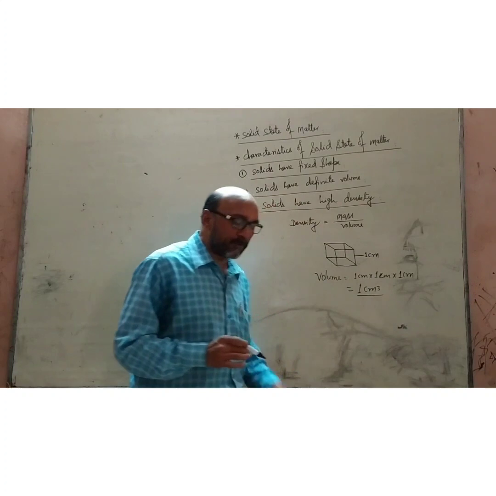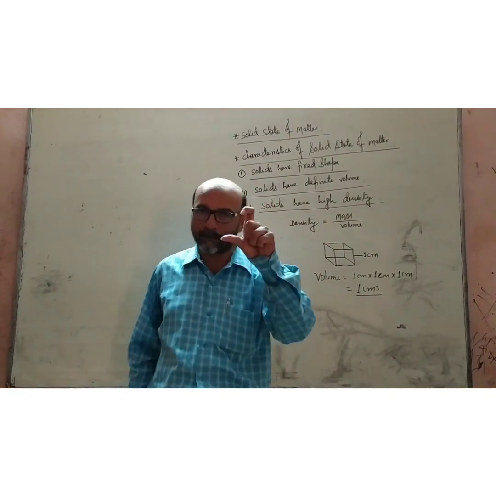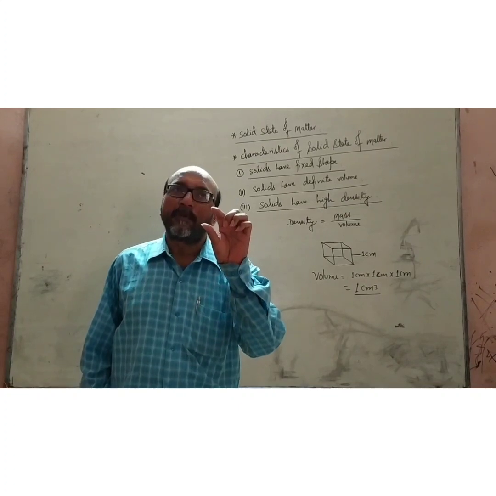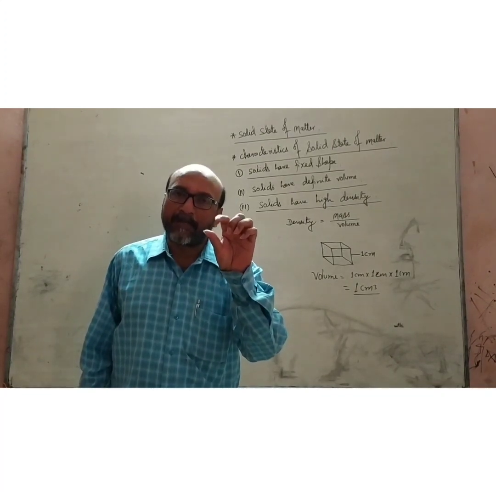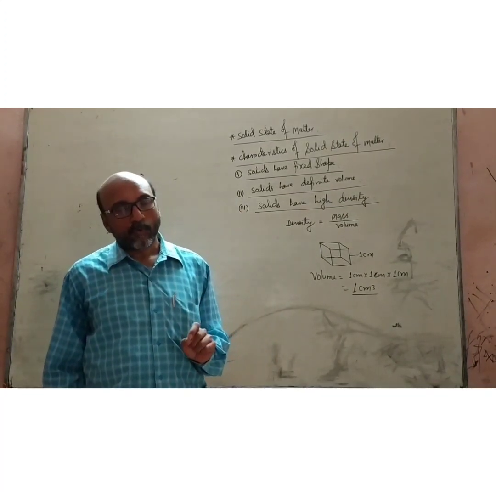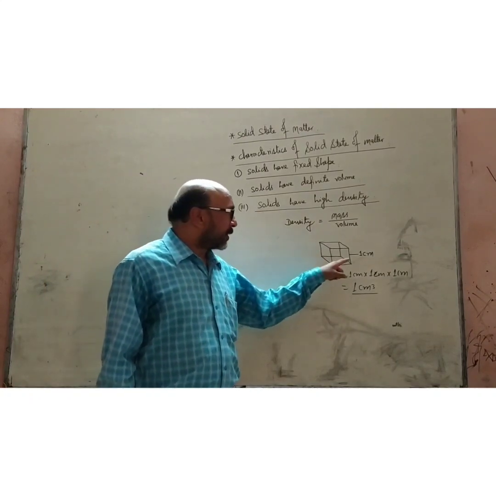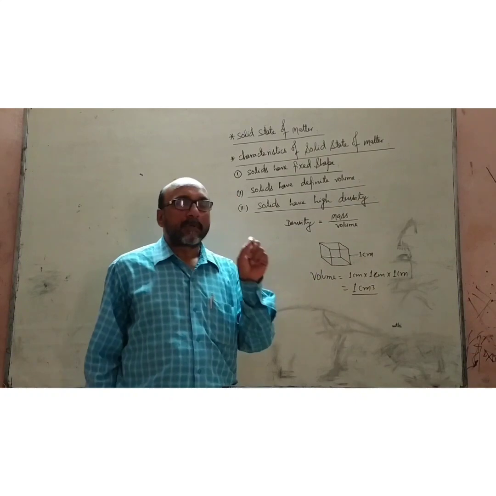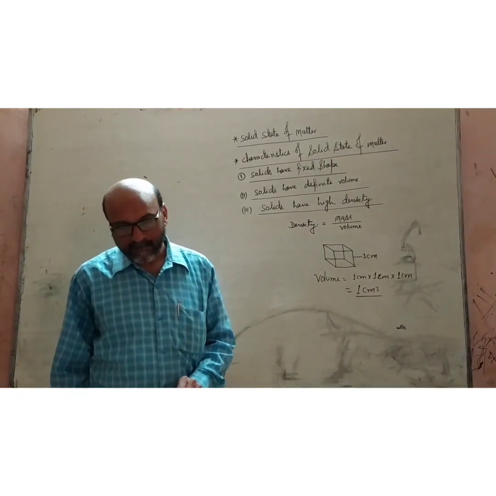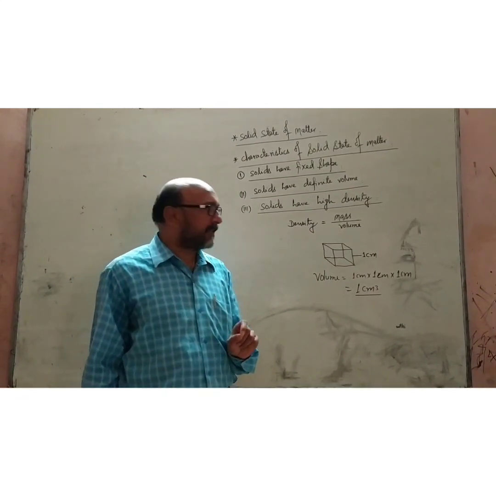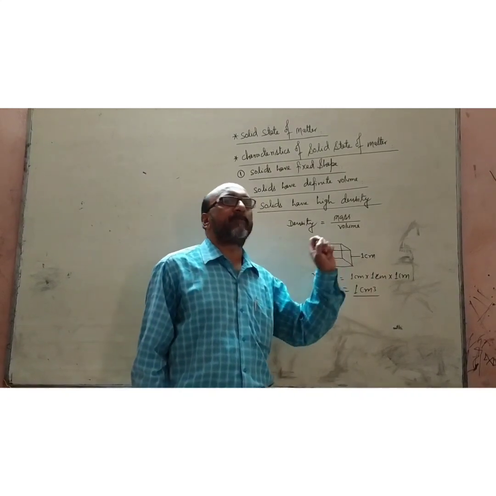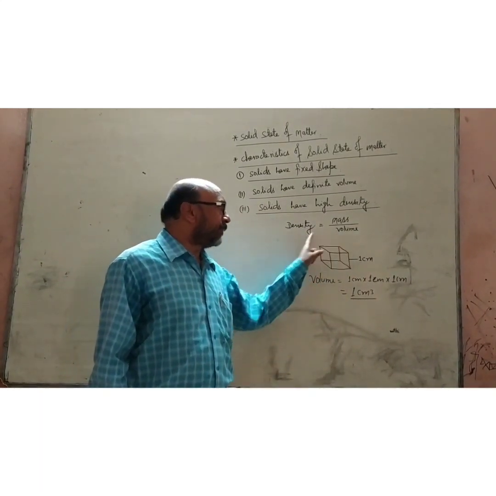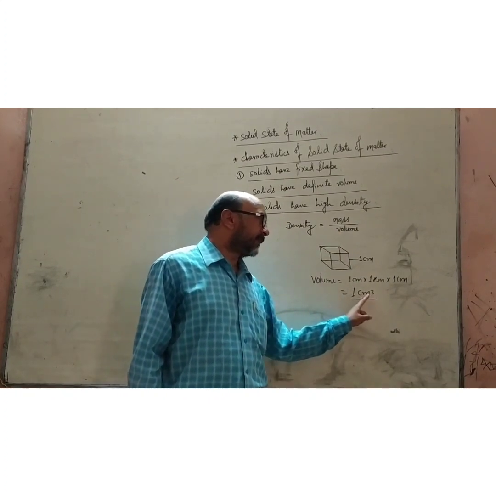Means if you take a piece of iron metal of cubic shape whose side is 1 centimeter, this volume will be 1 centimeter cube.